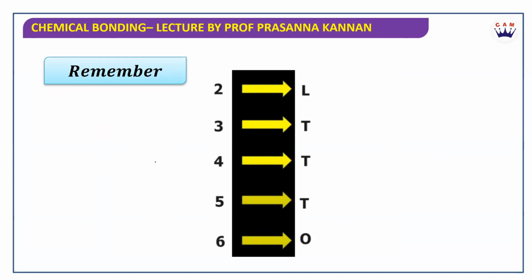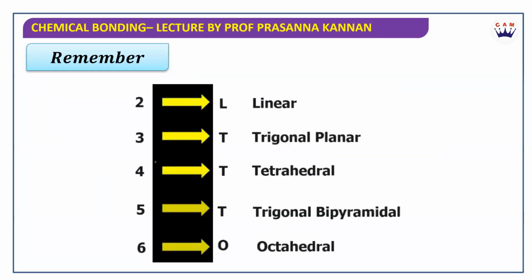Octahedral. These 3 shapes are going to have T in them. 4 heads, what is that? Tetrahedral. And 3, triangle, trigonal planar. And the fifth one is trigonal bipyramidal. This can be used as a mnemonic. All right? Clear? If I give you how many bond pairs are there, you must immediately be able to tell the structure. Shall we move on?